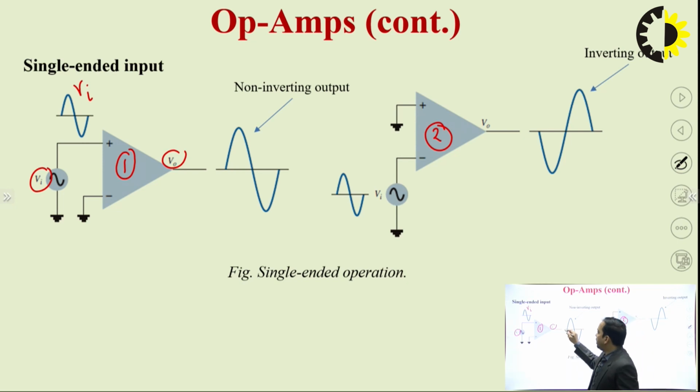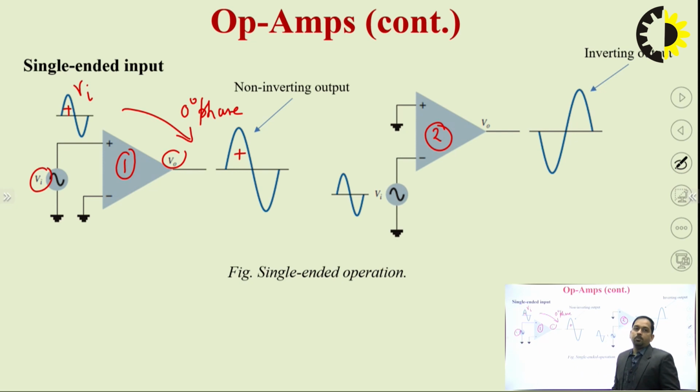The output being in phase means the phase difference between input and output is 0 degree phase shift. So this is called non-inverting output.